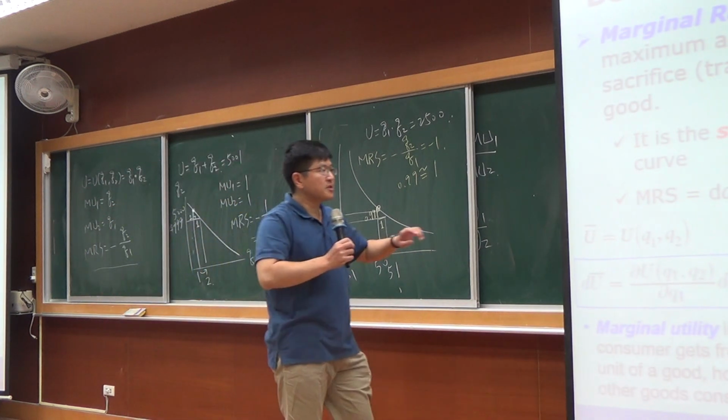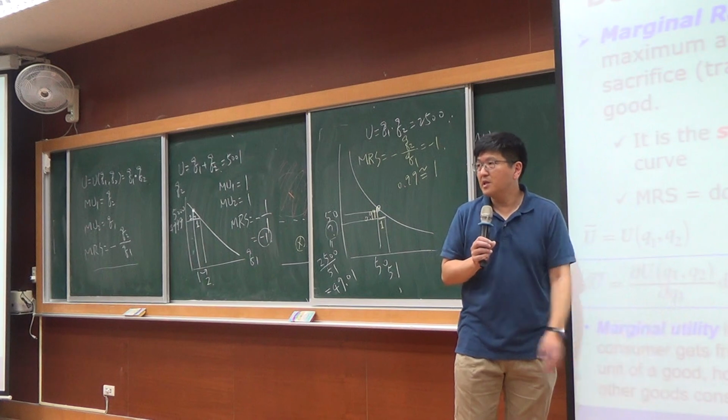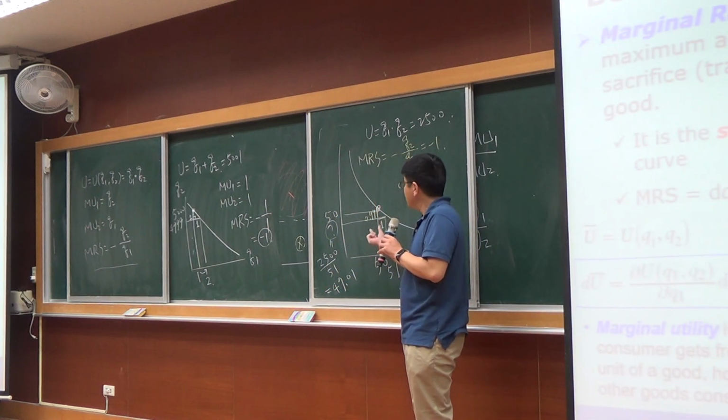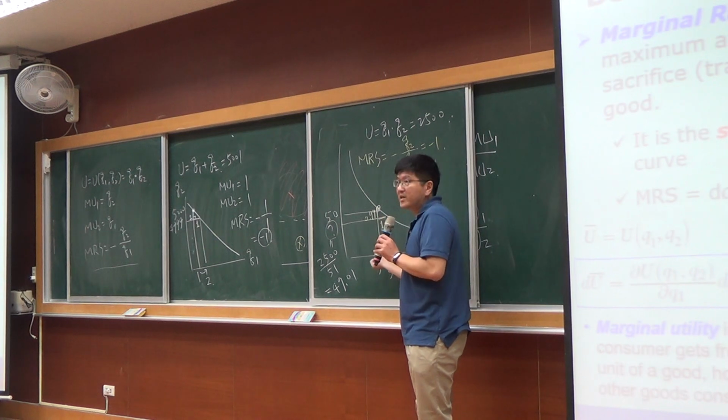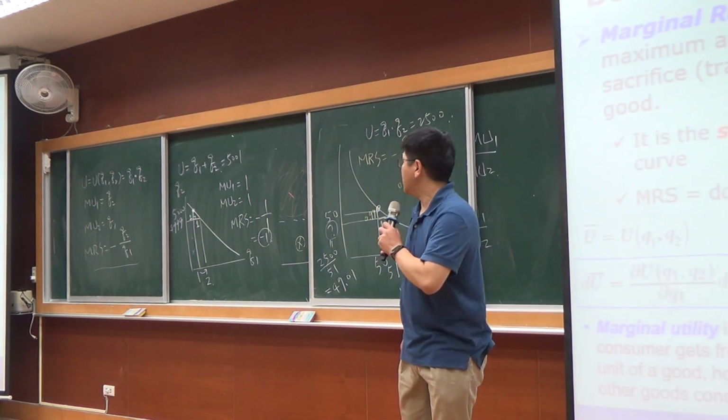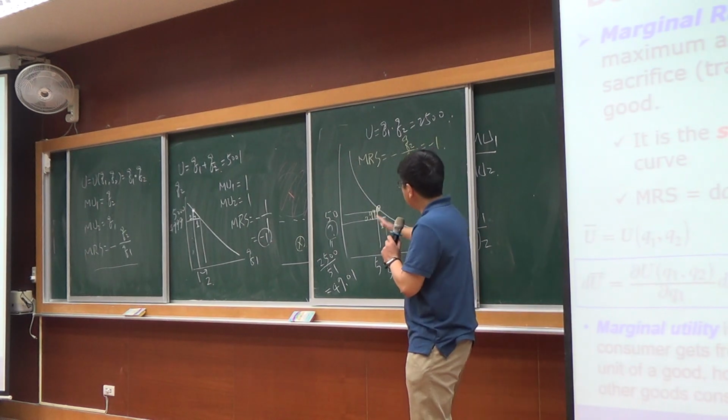That is a mathematical issue. But since we are using differentiation, we are calculating something very tiny, smaller than 1 unit. Just a tiny change in Q1. We want to know the slope.